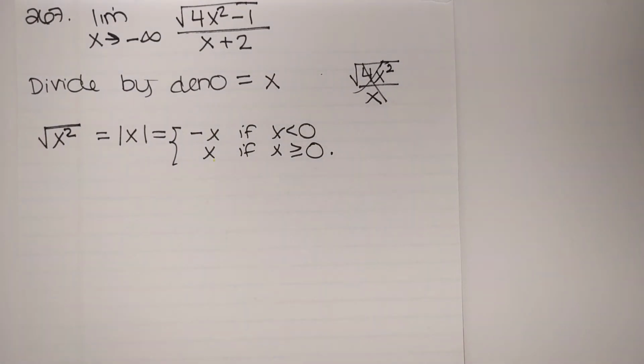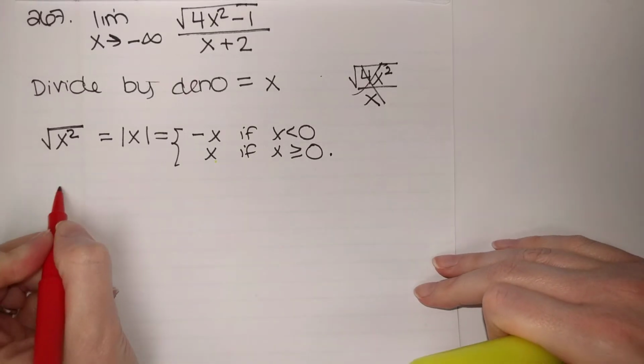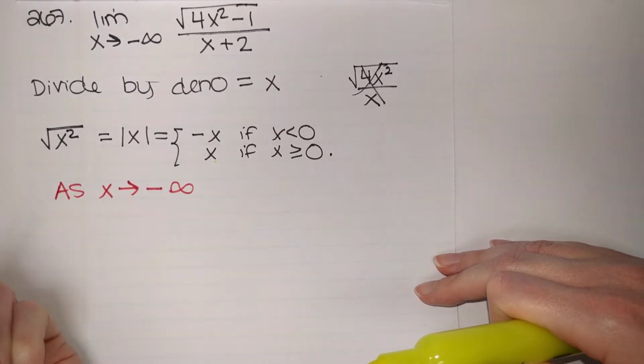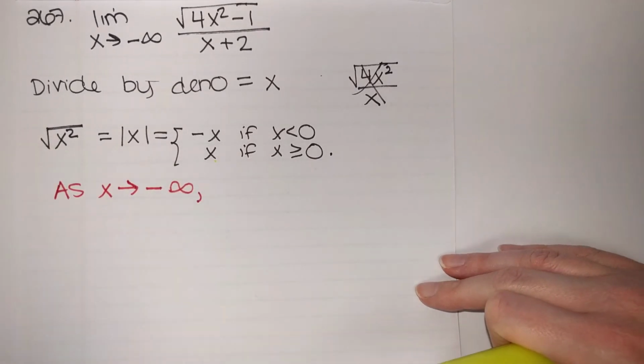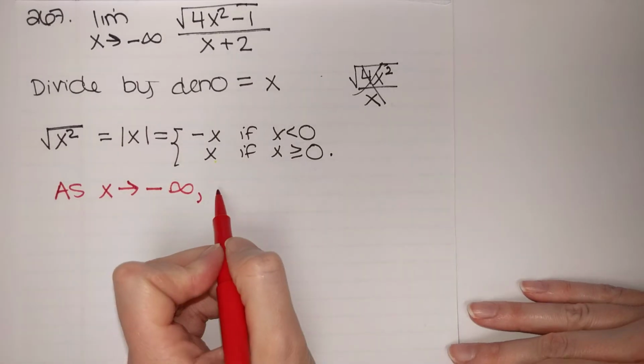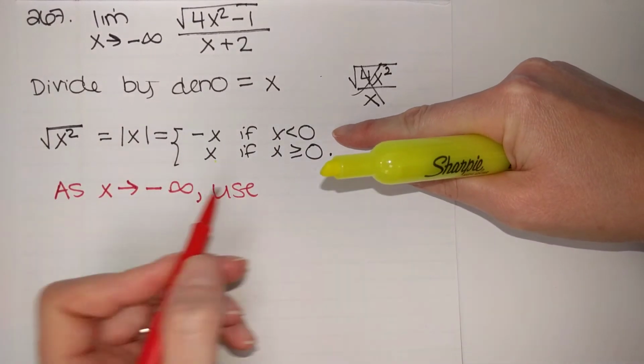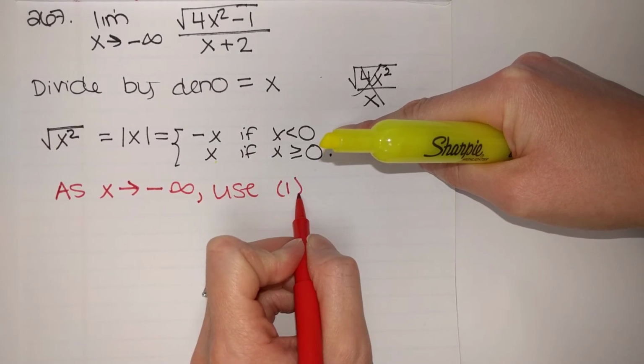Now, this question is really a little subtle here, because we are going towards negative infinity. So that means that when we divide, quote unquote, by x, for x going towards negative infinity, we are going to be using the first piece.